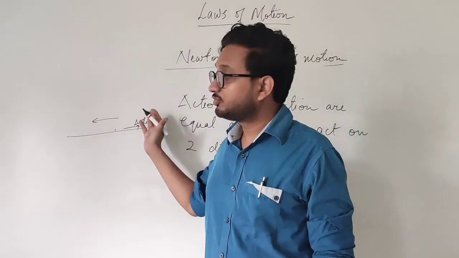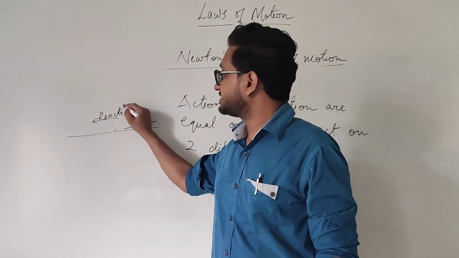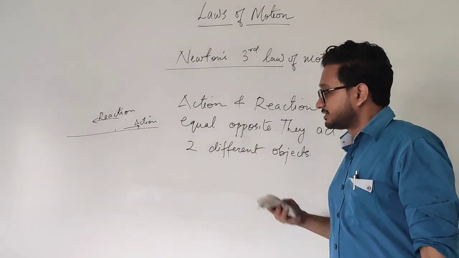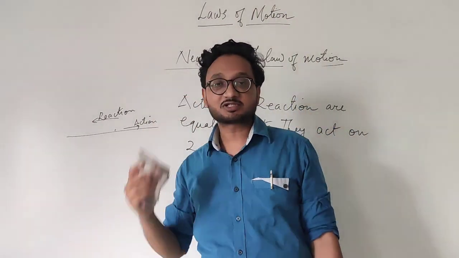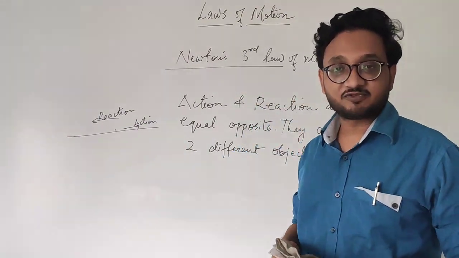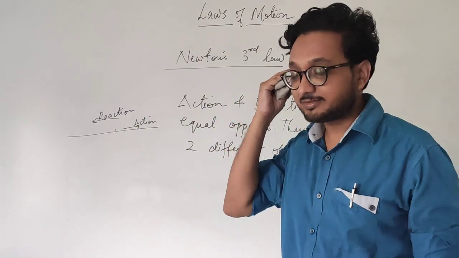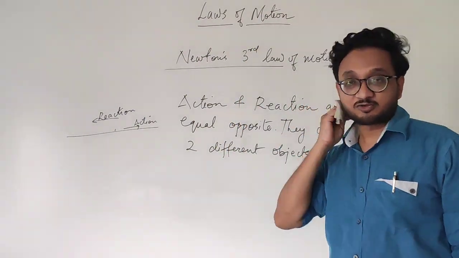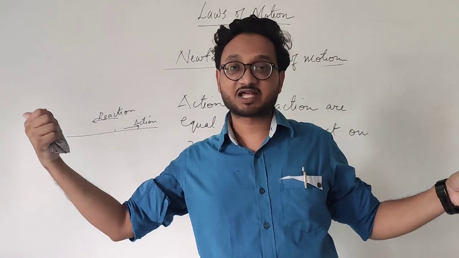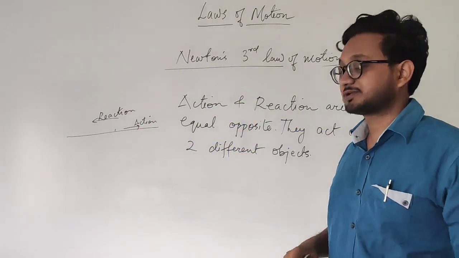And our body moves in that direction, that is reaction. That reaction is given by the surface on which we are walking. So we give the action to the surface, and the surface gives the reaction to us, and as a result we are able to walk or run. Vehicles move in a similar manner.